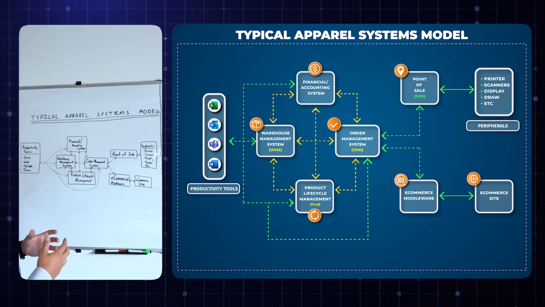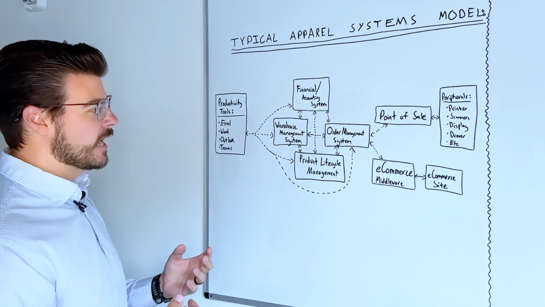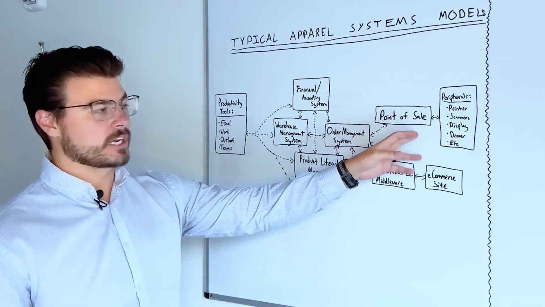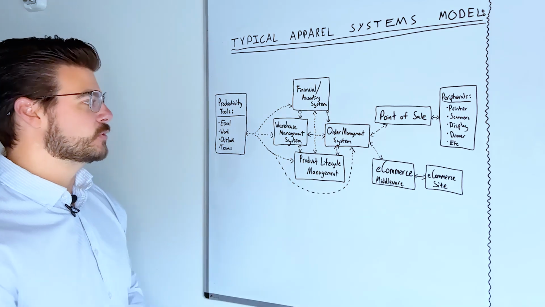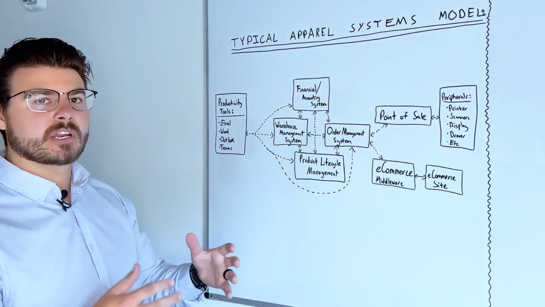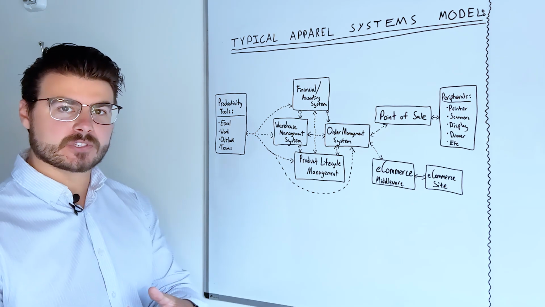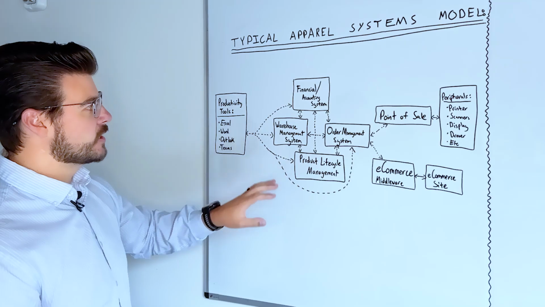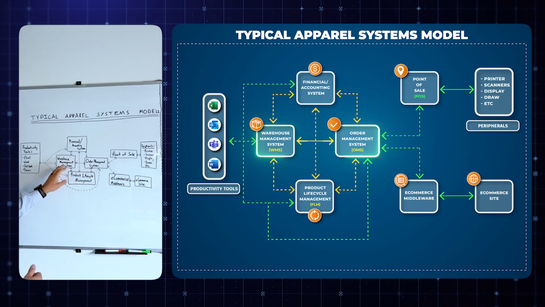What we mean by that is that it's a manual integration, not an automatic integration, like these solid lines here, where the data is flowing automatically back and forth between the systems. The dashed line means somebody has to manually pull data from one system and put it into the other. So you'll see the manual connection across the OMS, the WMS, and then up into the financial system as well.